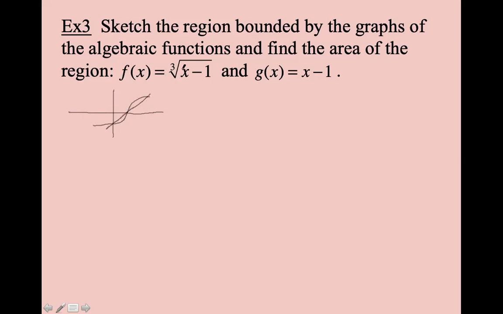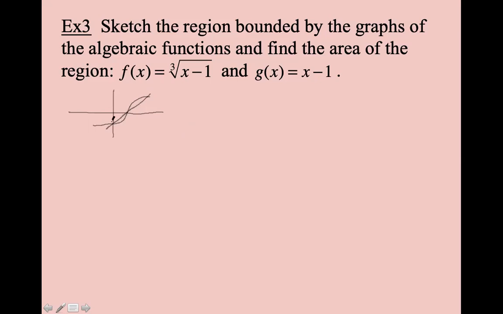So here's my curve, cube root of x minus 1, shifted 1 to the right, cube root function. And so you can see we have these different regions here. In this first region from 0 to 1, the linear function is on top. In the second region here, the cube root function is on top. So I need to set this up as 2 different intervals.